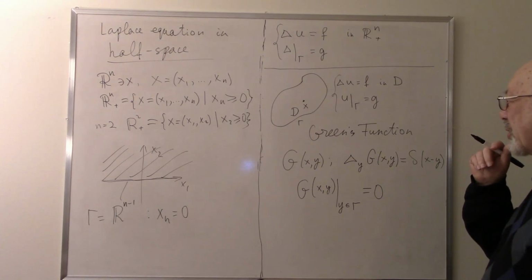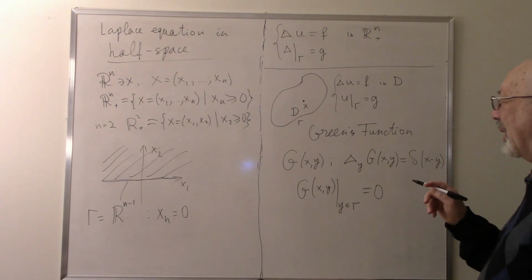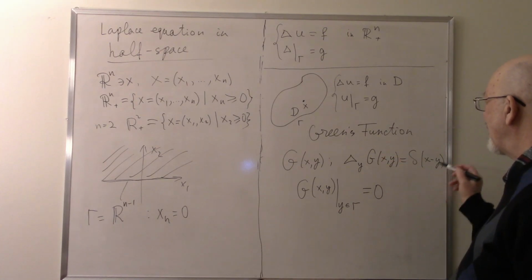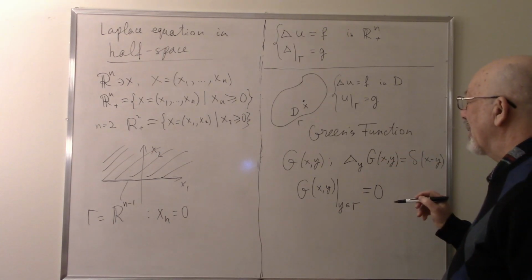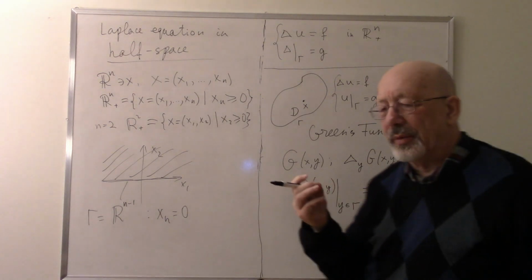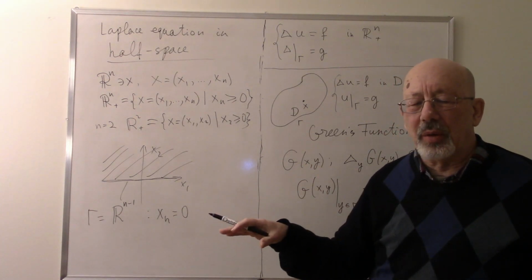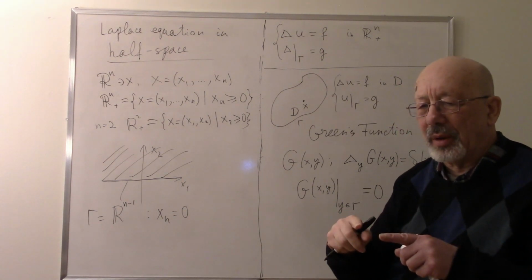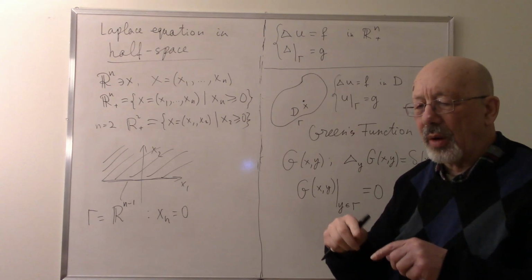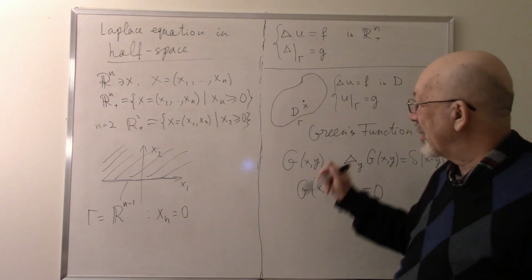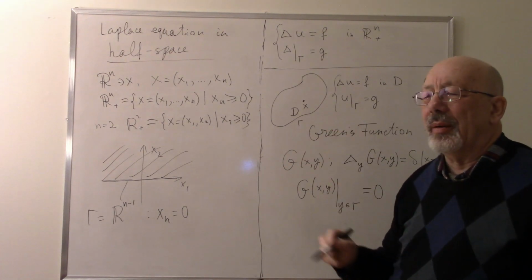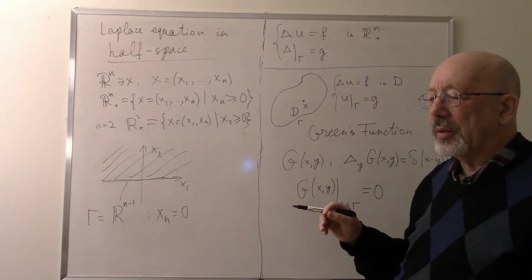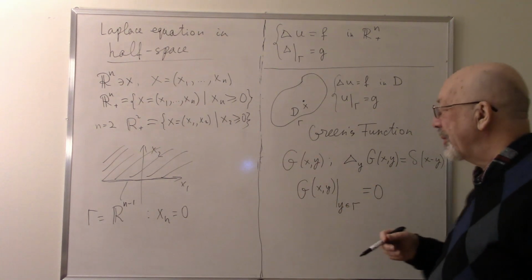So if we manage to construct this function, we know how to construct a function which satisfies the first condition. This is a function which I call the fundamental solution. It's a function in the whole space. It is either logarithm with some constant factor, or some power of the distance between x and y, to the power 2 minus n, also with some coefficient.